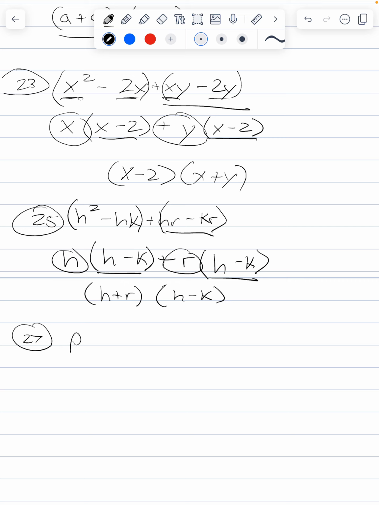All right, number 27. P to the third minus 2p squared plus 4p minus 8. Can you see where we should group these? I'm seeing that. If I do that, I can take a p squared out.